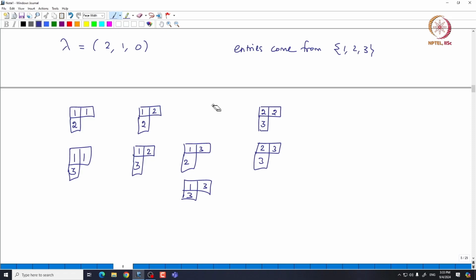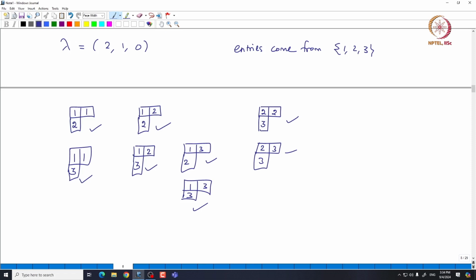So, there are 8 tableaux that we will get: 1 1 2, 1 1 3, 1 2 2, 1 3 3, 1 2 3, 1 3 2, 2 2 3, 2 3 3. So, all these are the only possibilities.